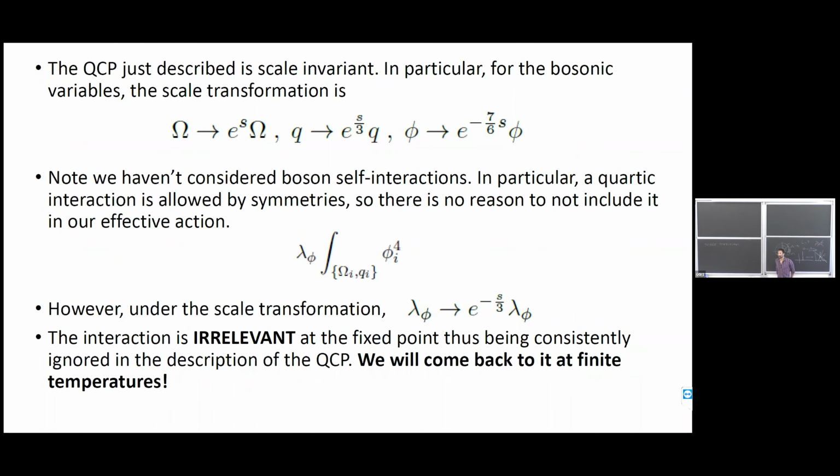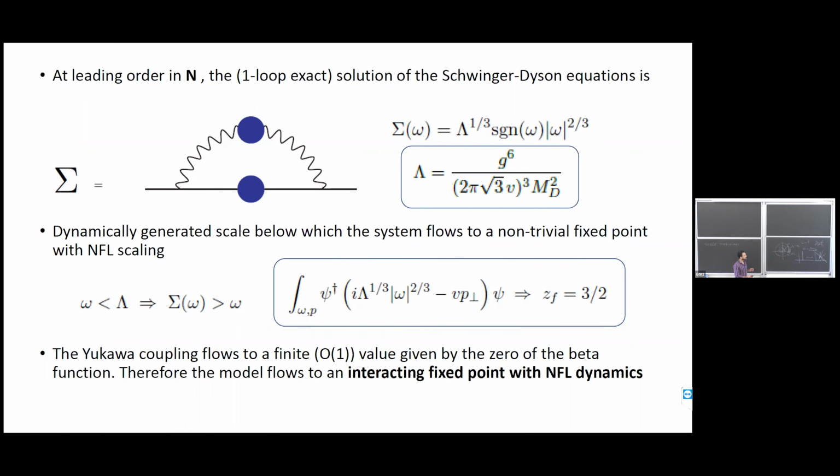I have a question. Is this value for z, 3/2, universal in some sense? Well, different models will have different values. It has some degree of universality, if you want, in the sense that the 3/2 comes essentially because there is a Z=3 boson running in the loop.